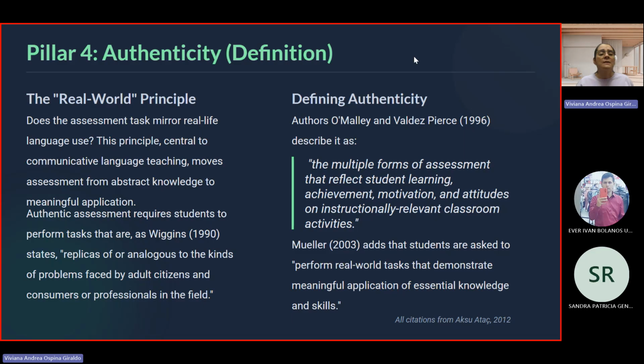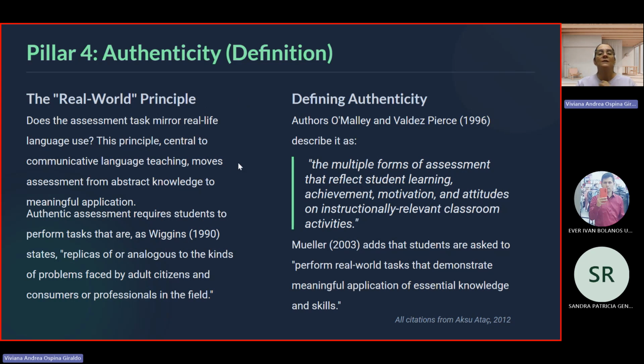Wiggins in 1990 states that these are replicas of or analogous to the kinds of problems faced by adult citizens and consumers or professionals in the field. So if we could have the students participate in this authenticity part of the assessment, then we may be able to make sure that they are competent.